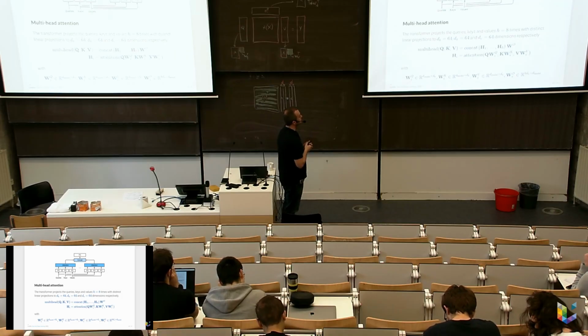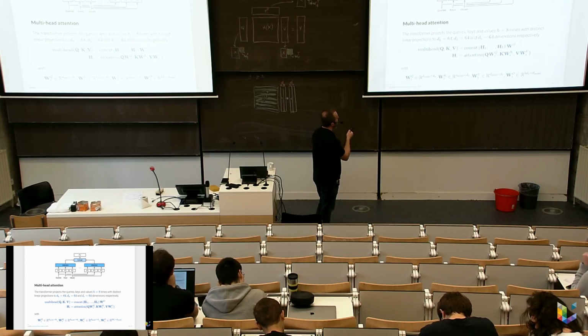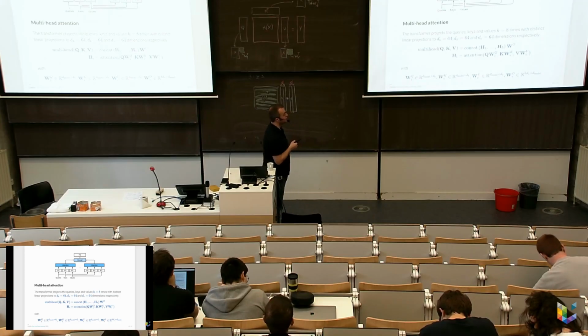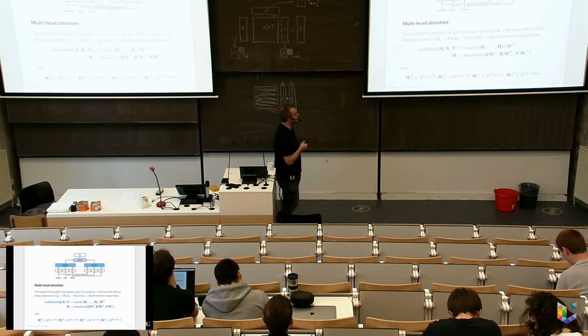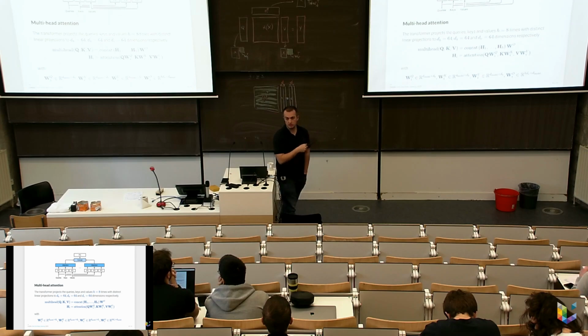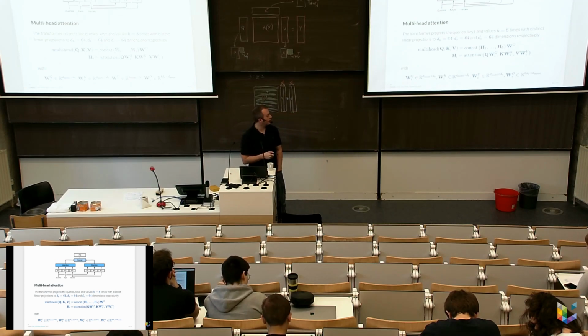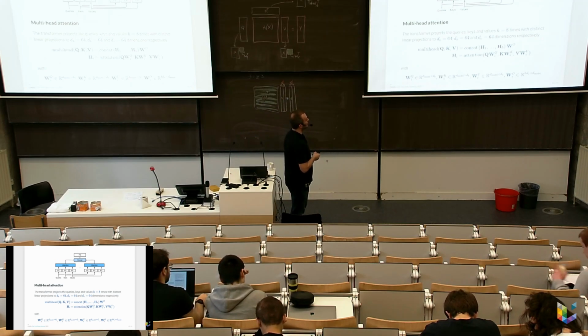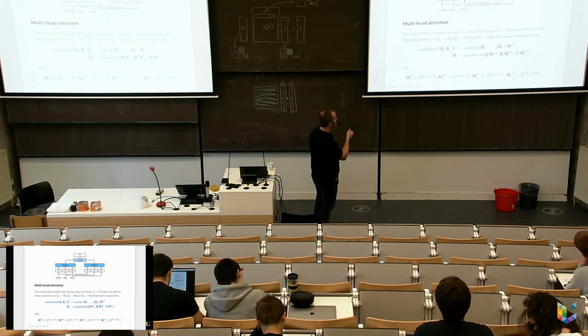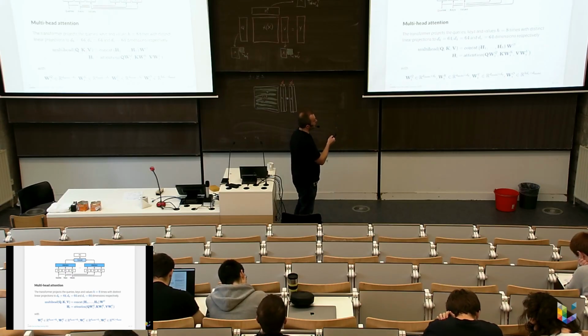Mathematically, if we assume that the keys, queries, and values all share the same dimension D, and typically, at least in the original transformer architecture, it was set to 64, and we assume that we have 8 parallel self-attention layers, which we call heads, so we have 8 heads, then each H_i will be the result of the projection of the queries, keys, and values.